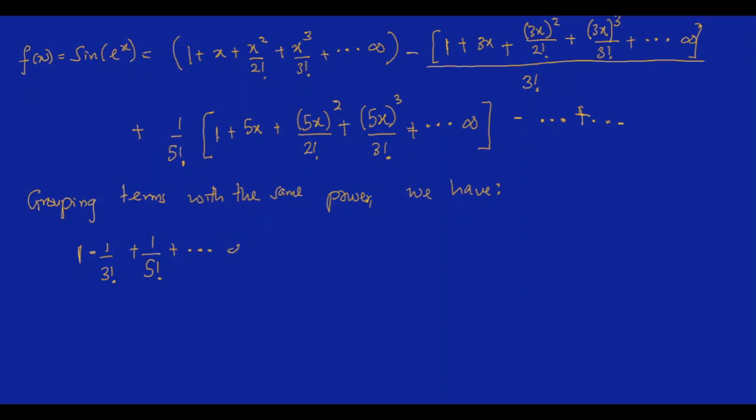plus the rest of the terms, then plus the terms for x, 1 minus 3 divided by 3 factorial plus 5 divided by 5 factorial plus the rest of the terms.